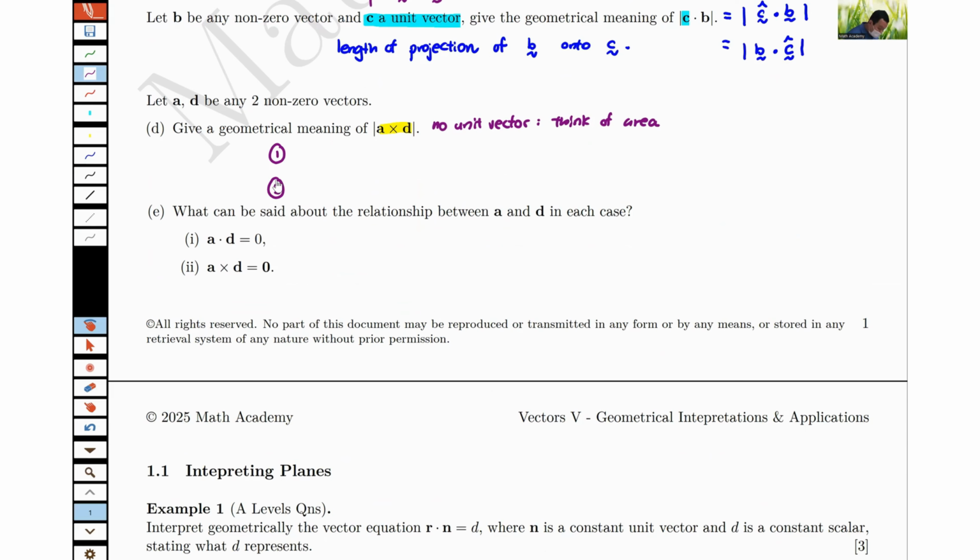What are the area formula? Without a half in front, this could represent area of a parallelogram. Area of parallelogram is given by you take mod and you cross 2 adjacent sides. But when you describe, you must describe the A and D also. So you can say with adjacent vectors A, D.